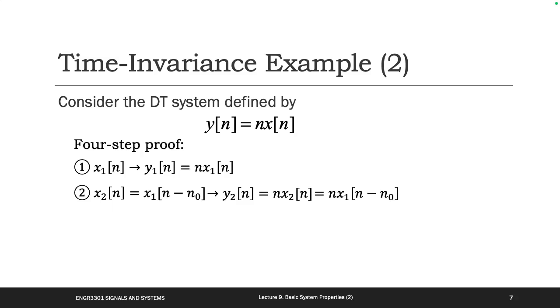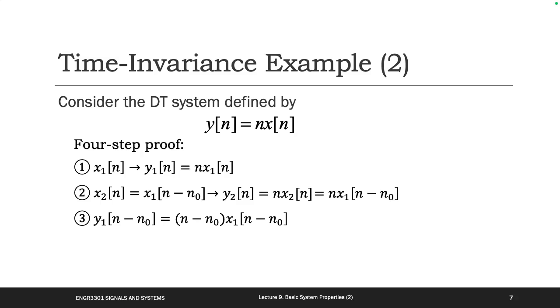And then, what is y1[n - n0]? Actually, y1[n - n0] should equal this. I think this step may be a little tricky. y[n] = n x[n], then y[n - n0] means you replace every n with n - n0.